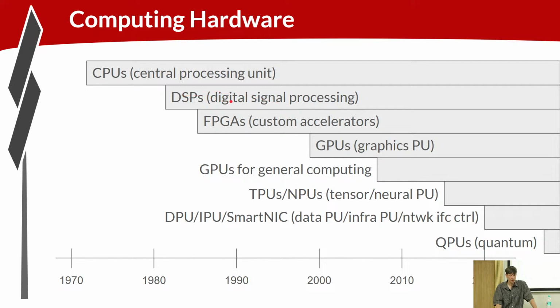So DSPs for signal processing, GPUs then, around late 90s, 2000. We started using GPUs not just for graphics, but for general purpose computing, right? So GPUs were the architecture that was highly parallel, where your computation is not as flexible as with the CPU, but you can do computation in parallel.